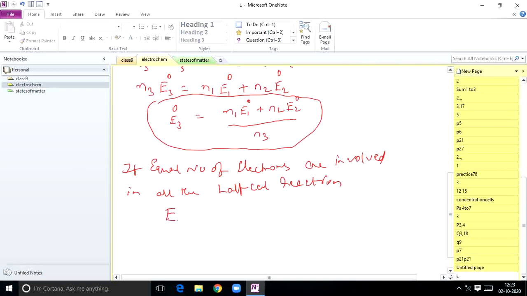E3 naught is equal to E1 naught plus E2 naught, where an equal number of electrons are involved. In that formula, n1, n2, n3 represent the number of electrons involved in a particular reaction. Okay students, very important.